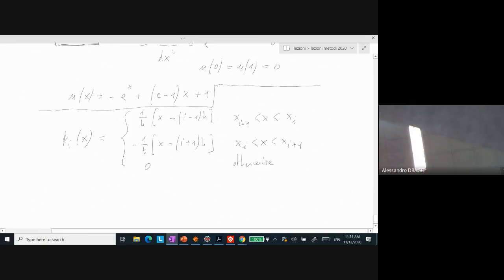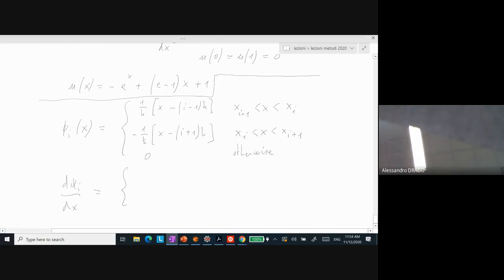The derivative, d phi over dx, is even simpler: it is 1 over h in the first interval, minus 1 over h in the second interval, and 0 otherwise.